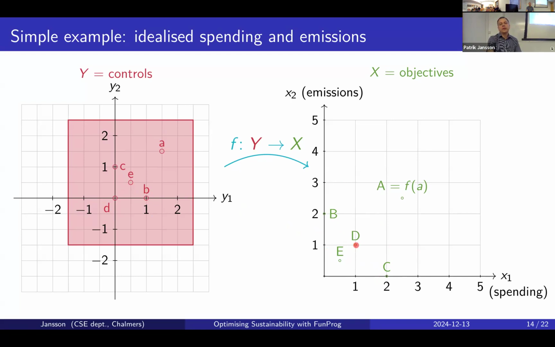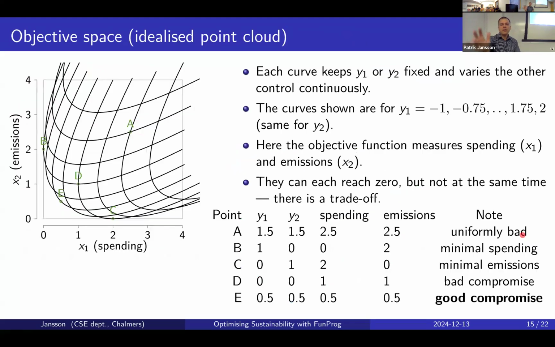So here we got 3 points, B, E, and C, which are all different kinds of compromises between the objectives. And we have D and A, which are clearly inferior. At least D is inferior to E, and A is inferior to all of them. Okay, so summing up, this is about showing the blue curve, which was the sine function in the previous case.